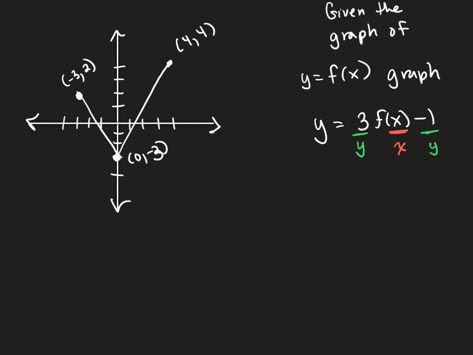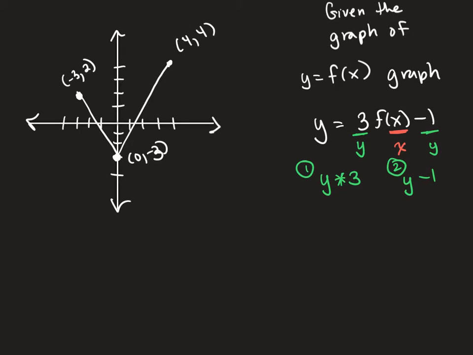So in this case, since it's just f of x, our x's won't change. They will be the same. And our y's will be the ones that are changed. So our y's will be multiplied by 3 because there's a 3 on the outside, and our y's will be subtracted by 1. By order of operations, I will multiply by 3 first, and then subtract 1 second.